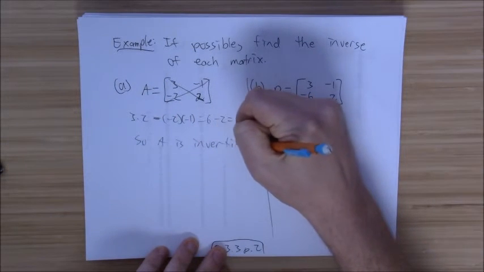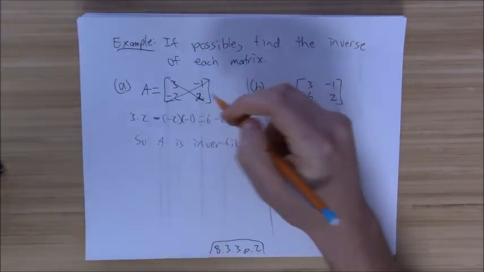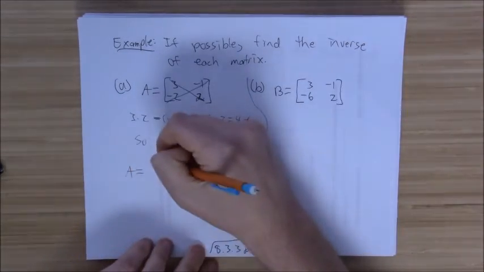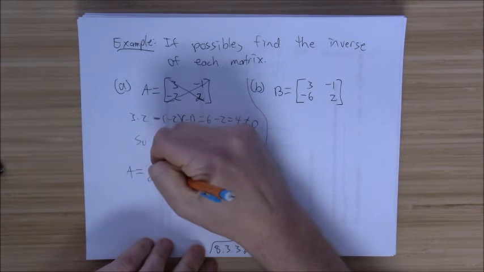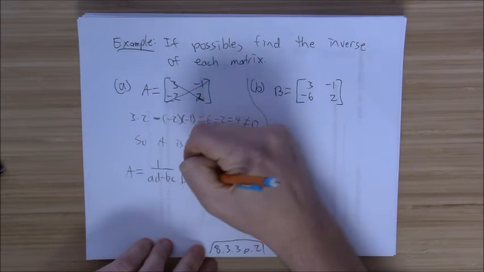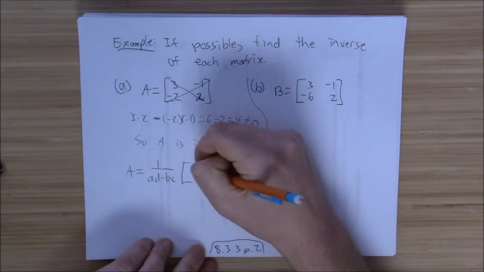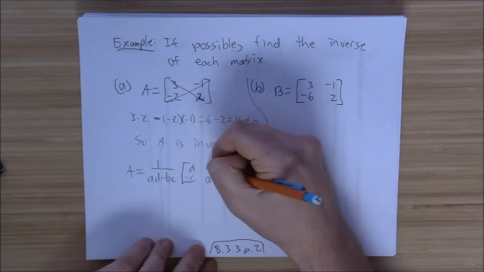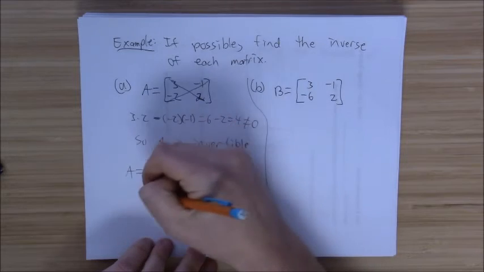And it's worth calculating that anyway, because you're going to need it for the inverse. Namely, the inverse of A is going to be 1 over ad minus bc times, we swap a and d, and then we put a negative on the b and c terms.